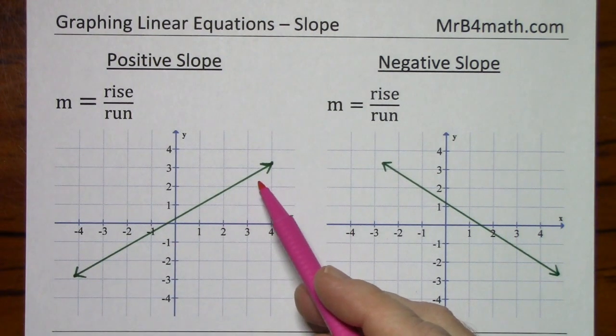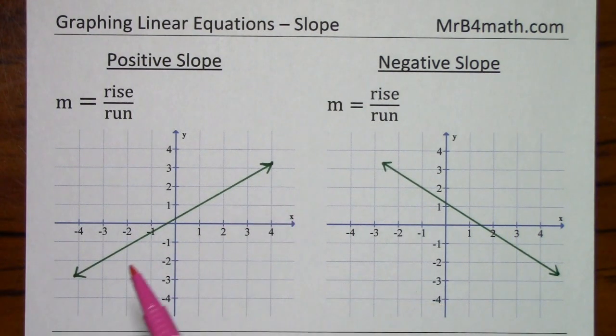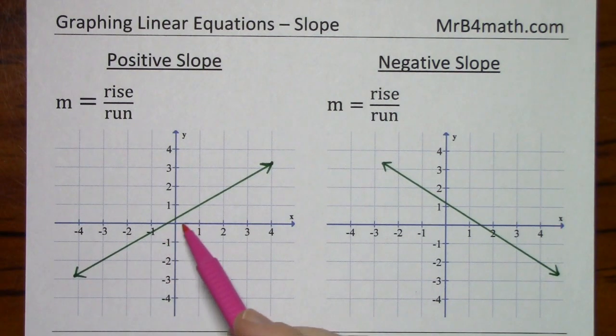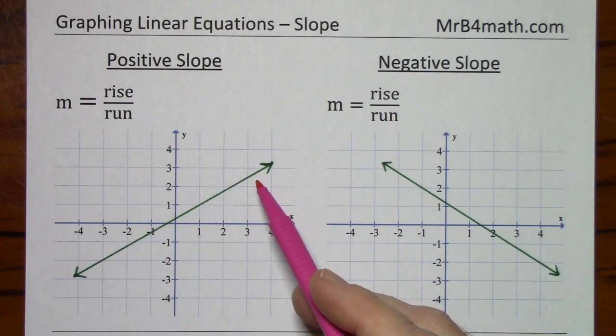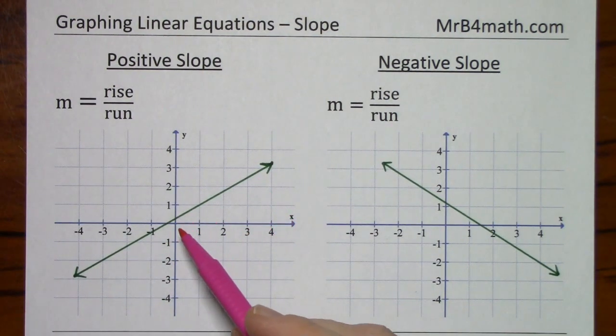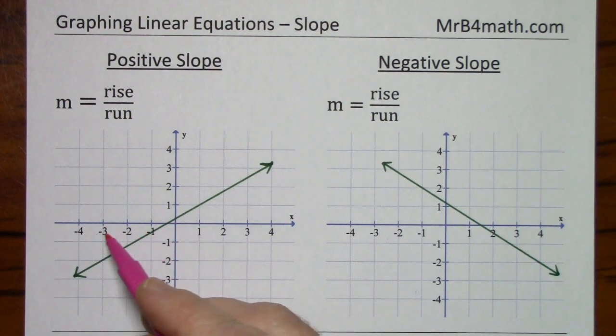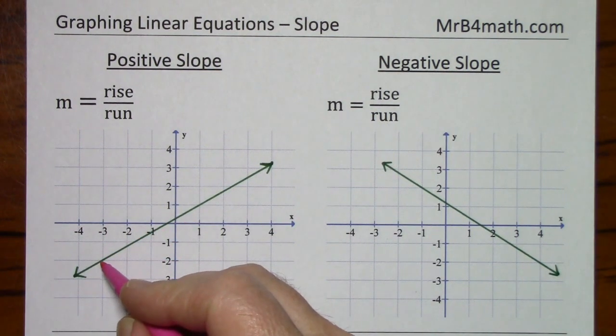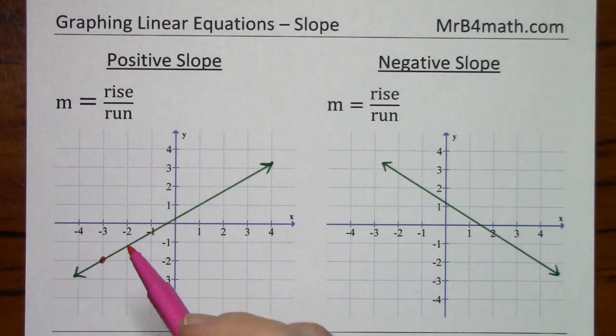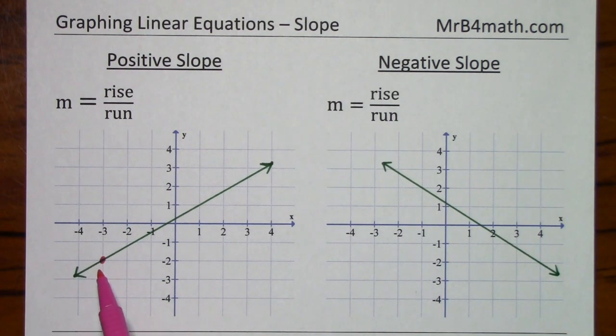So this line has a positive slope. Going from left to right, it goes up. We can say exactly what the slope is if we can find 2 points that are very distinct. So right here I can tell exactly what that point is. It's -3, -2.